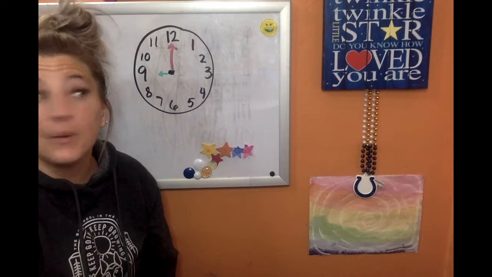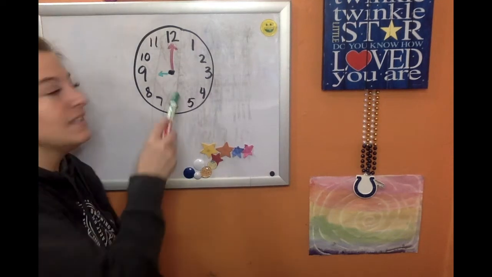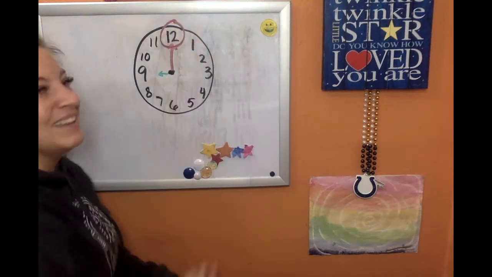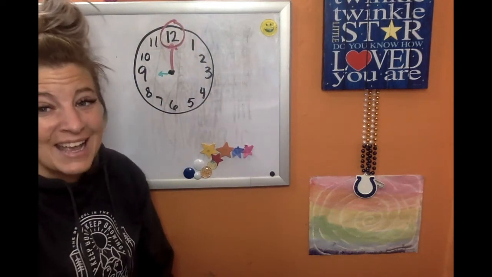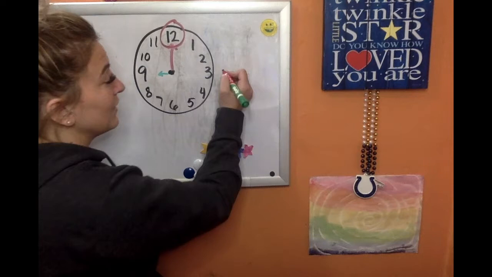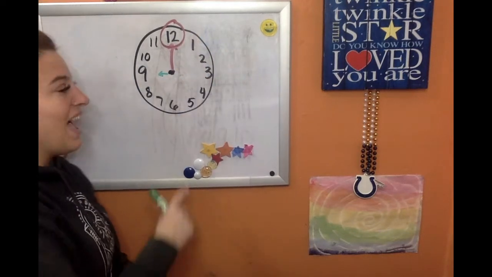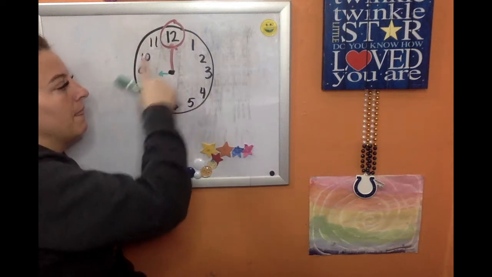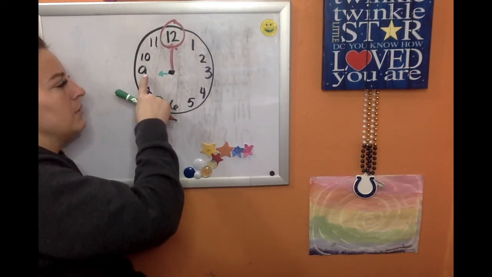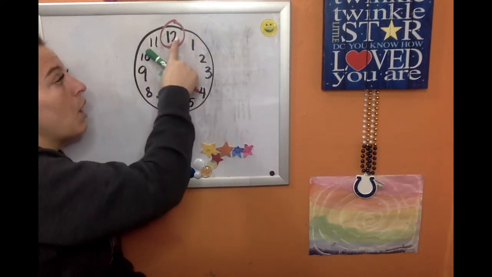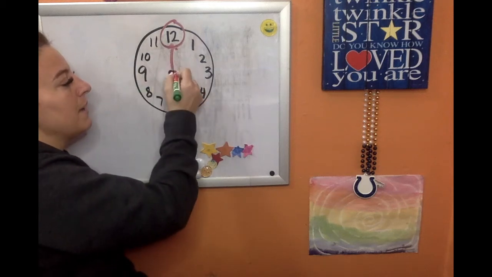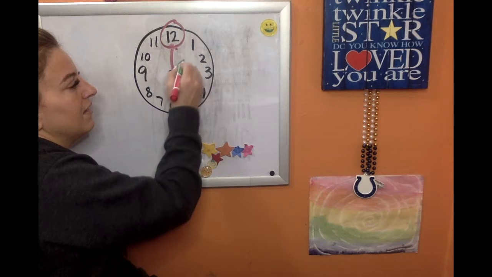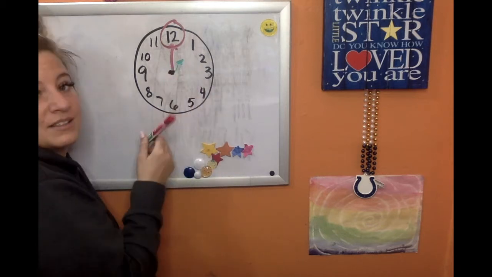Okay, and when the minute hand, this long one, is touching the 12, it says the funniest thing. It says, o'clock. And then the hour hand says the number's name. So this is 9 o'clock. What about this one?